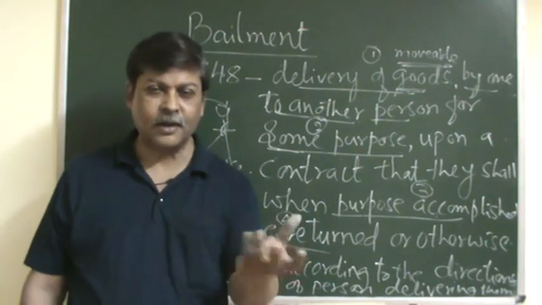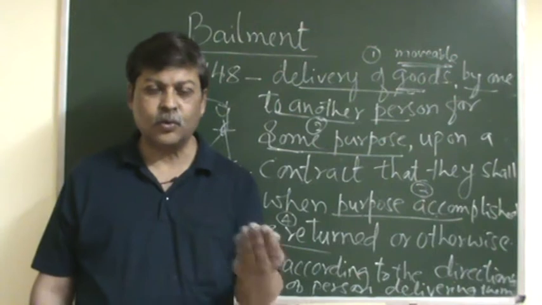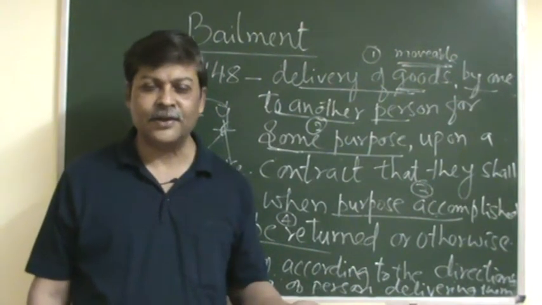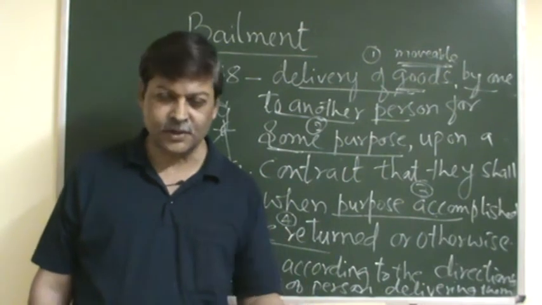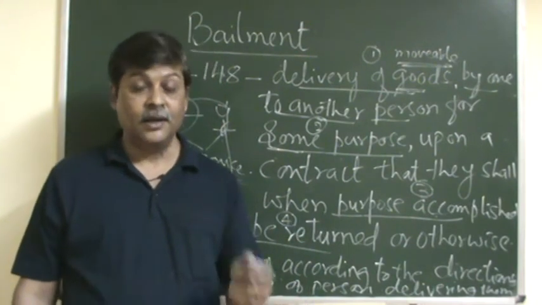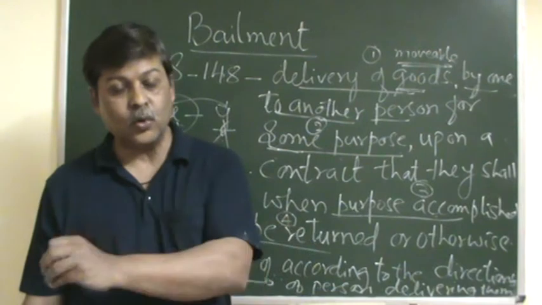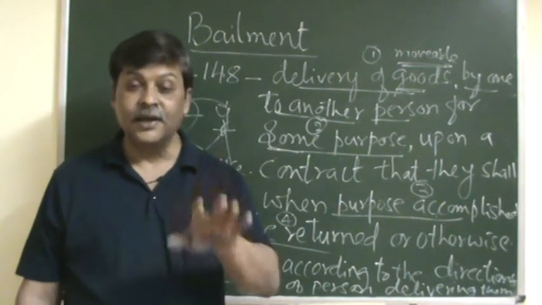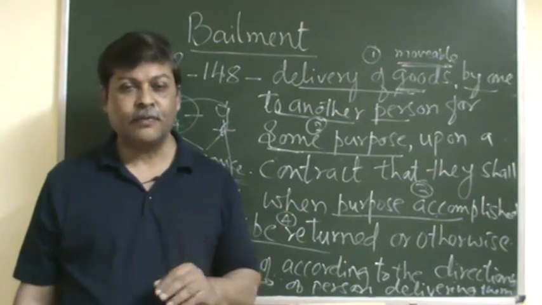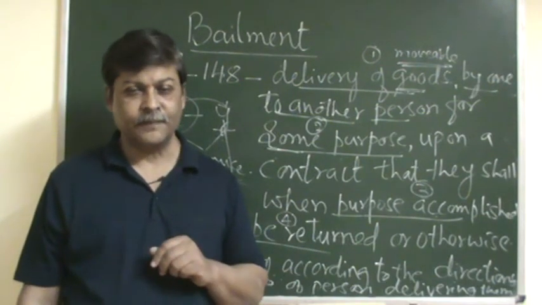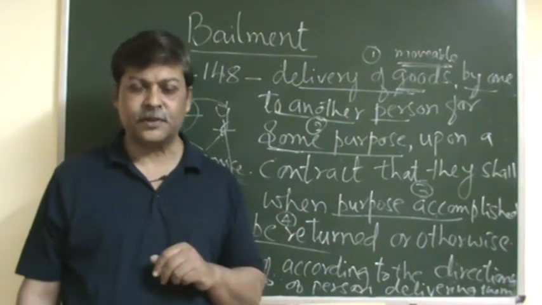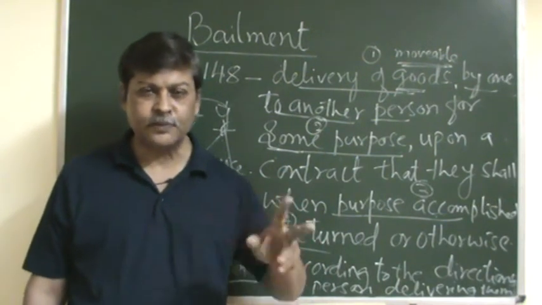For example, your friend asks for your vehicle to go to the market, so you hand it over. You are not expecting anything in return, so it is a gratuitous bailment. But when you take an auto and go to the market, you are hiring the auto and you have to pay the charges. That is a non-gratuitous bailment. So you will have two types of bailments.